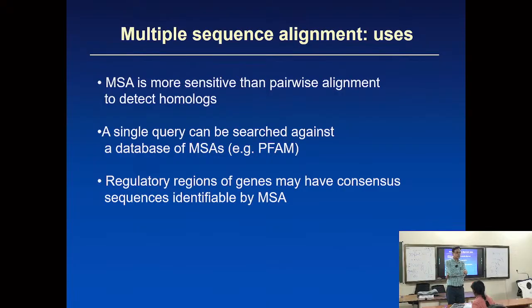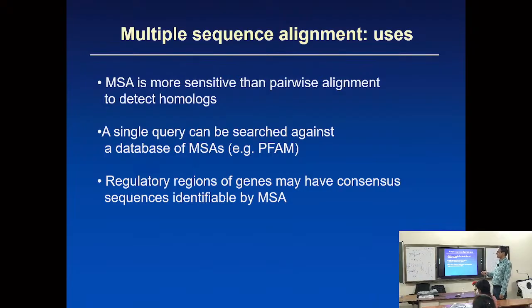A model represents a protein family, so the protein family represented by the best matching model is the one to which the query sequence belongs. Clear? So a single query can be searched against a database of multiple sequence alignments, and that could also be in the PFAM database.